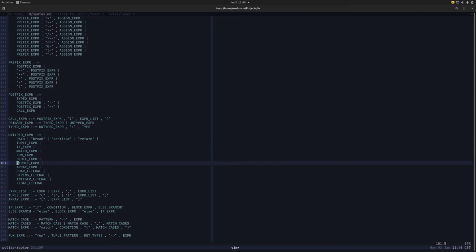And so the if expression is if followed by a condition. Like I said, it's just an expression without structures, then the block, and then an optional else branch, which is why you have the question mark here. The else branch is just else with another block, or else followed by another if expression, so that you can do else if and list them like that.